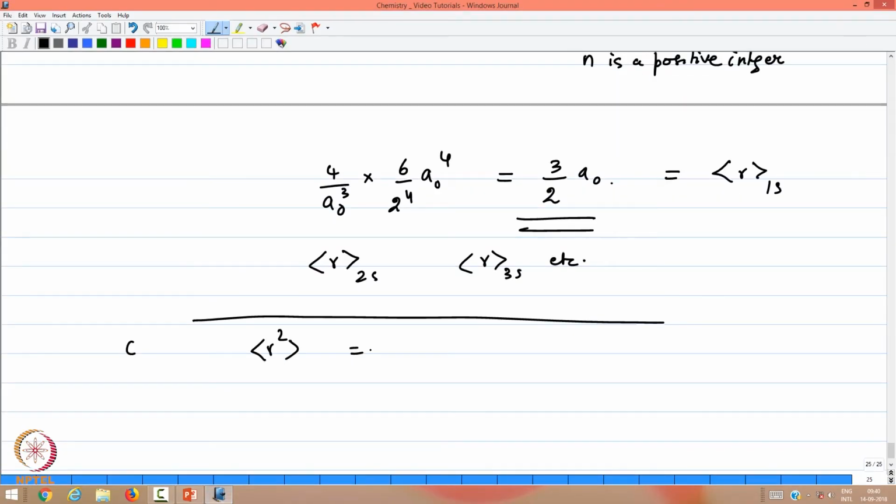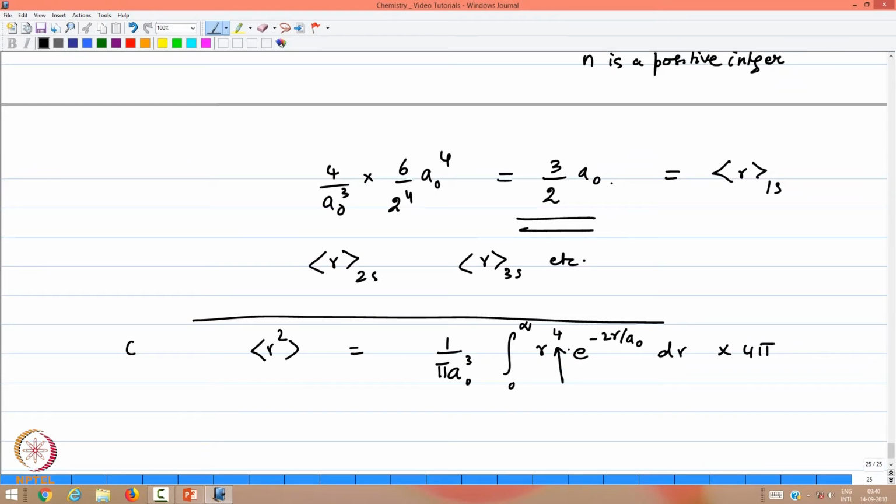Of course, the integral is extremely simple and straightforward. So, all you have to do is, again, for the 1s electron, it is 1 by pi a naught cube, 0 to infinity, for r square. Therefore, you have to write r raised to 4 e to the minus 2 r by a naught dr times 4 pi.